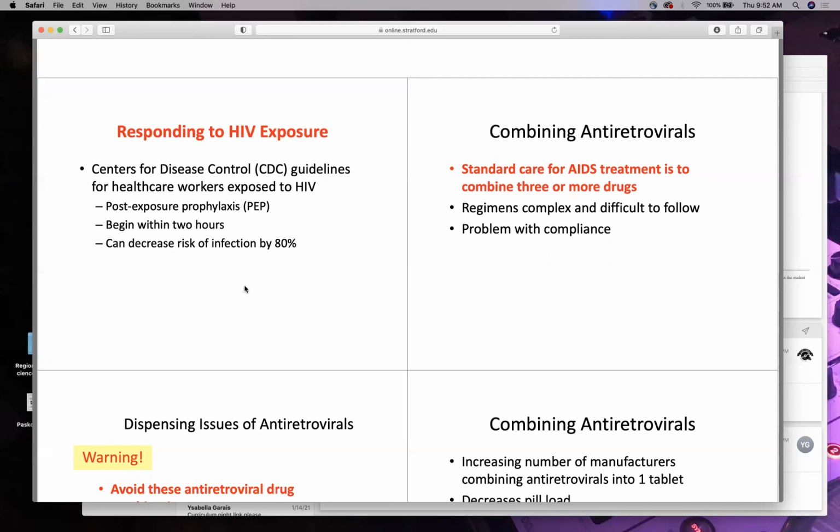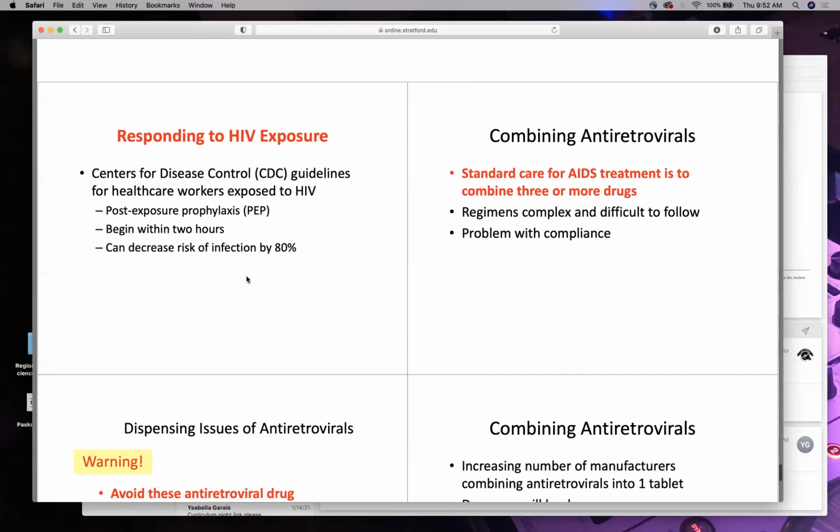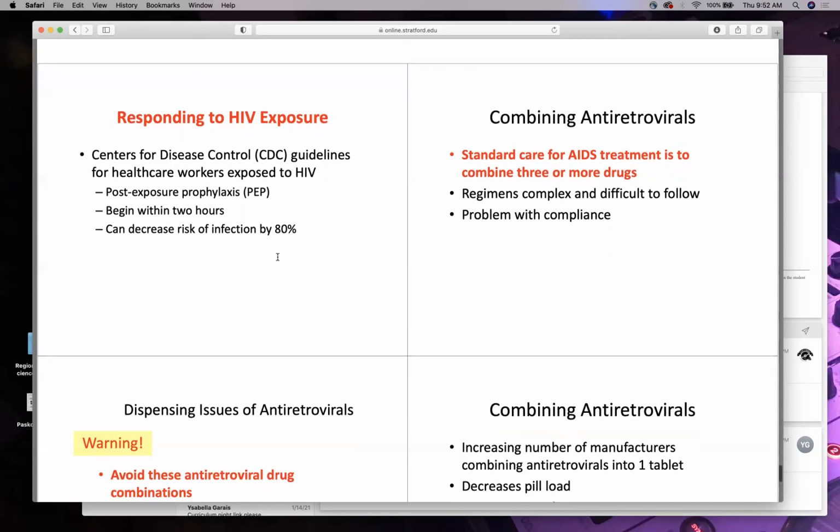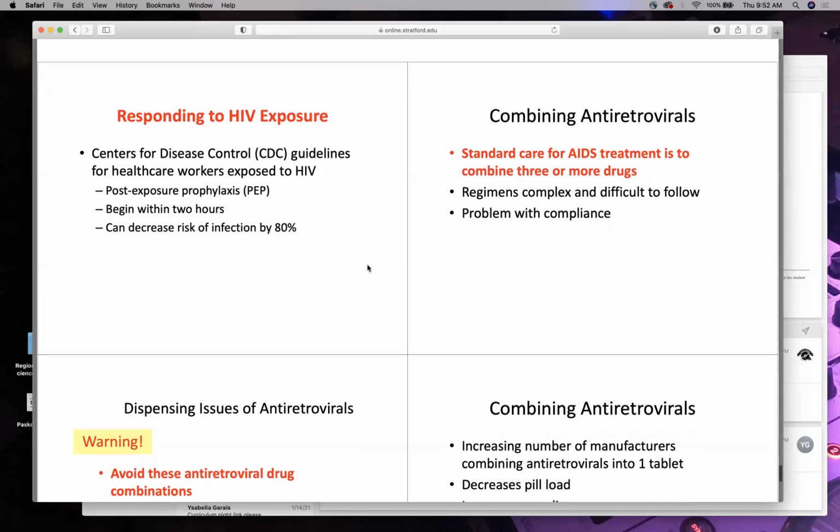We had to scrub down, and then we were all given the AZT cocktail within 30 minutes. Because if you have exposure and the AZT cocktail is prescribed within 2 hours, it can decrease the risk of infection by 80%, which is serious. That's really neat.